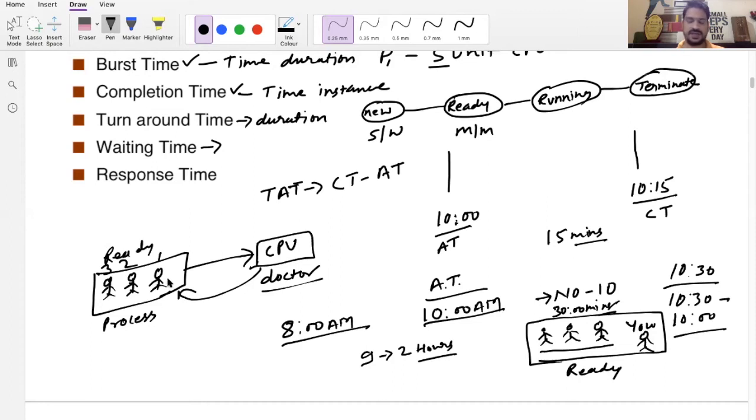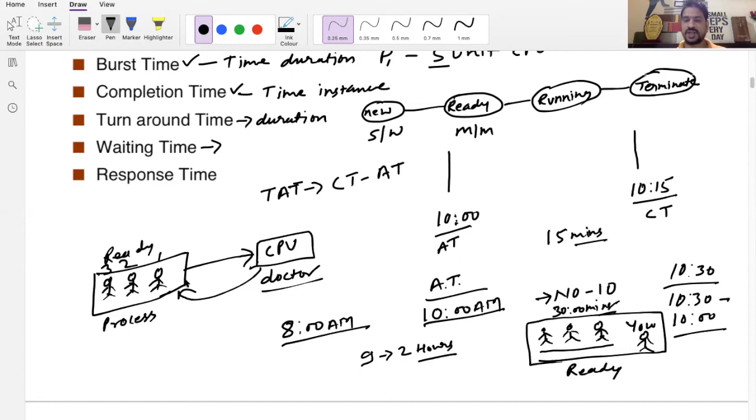This is one scenario. The second scenario is, maybe the doctor takes 10 minutes for diagnosing a patient. If 10 minutes is over, the doctor will tell him to wait in the queue again, so that the doctor can serve more patients.